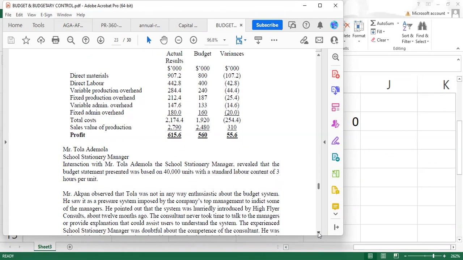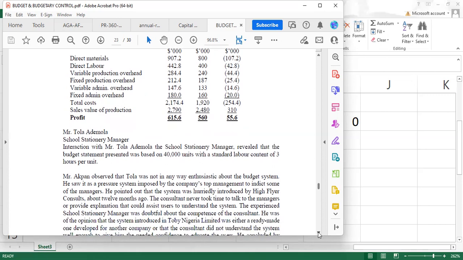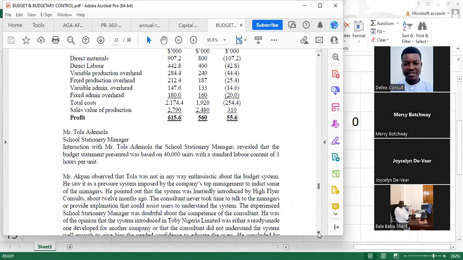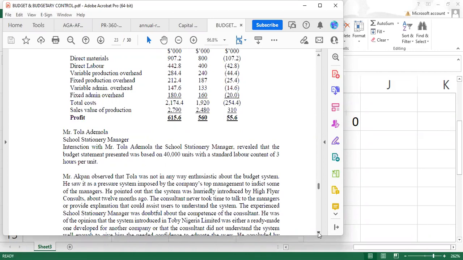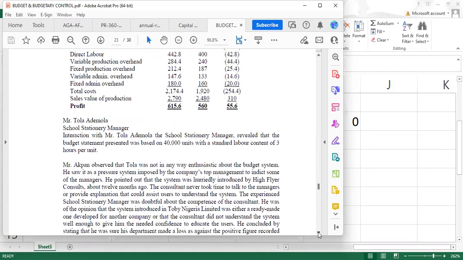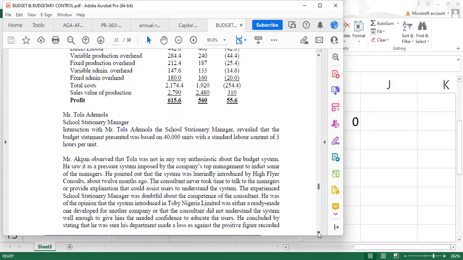The consultants never took time to talk to the managers or provide explanations that could assist users to understand the system. The experienced school stationery manager was doubtful about the competence of the consultant. He was of the opinion that the system introduced in Toby Nigeria Limited was either a ready-made one developed for another company, or that the consultant did not understand the system well enough to give him the needed knowledge to educate the users.